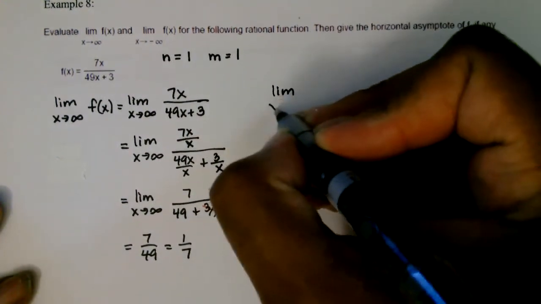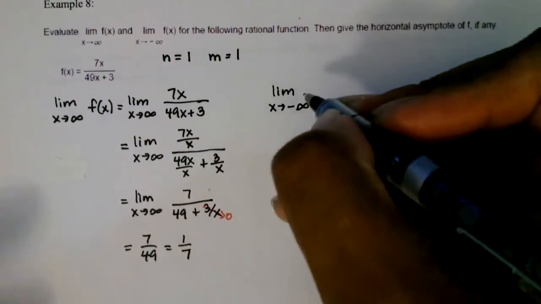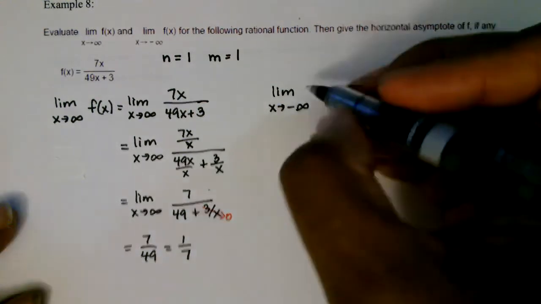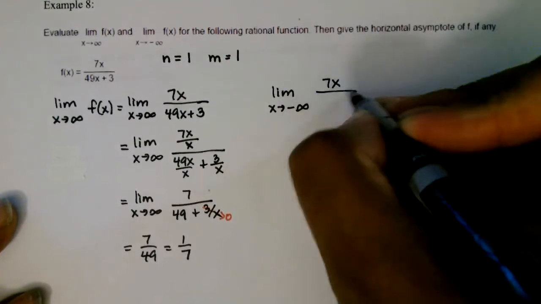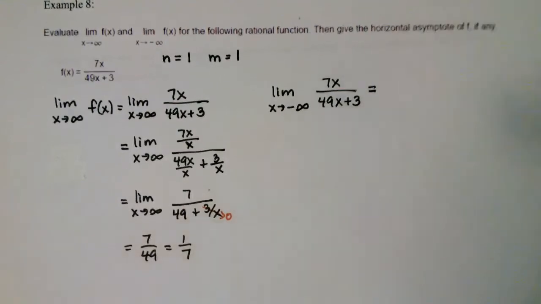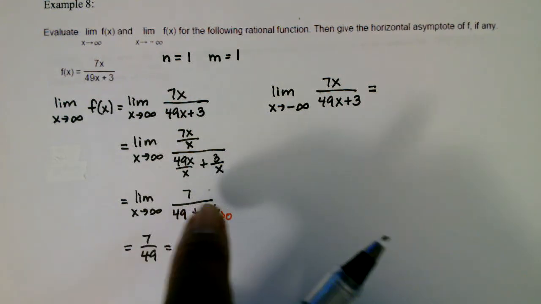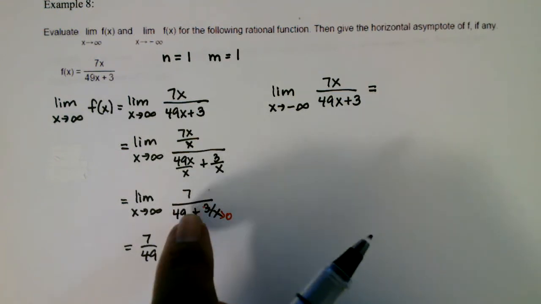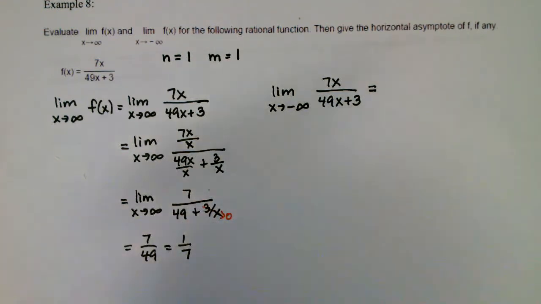Now I need to look at the limit as x approaches negative infinity of that same function. And I'll write that as 7x over 49x plus 3. Well, what's going to happen here is this: if I go through that process of dividing each and every term by x, as I let x approach negative infinity, I'm going to get this 7 over 49 plus 3 over x, but 3 over x will go to 0.